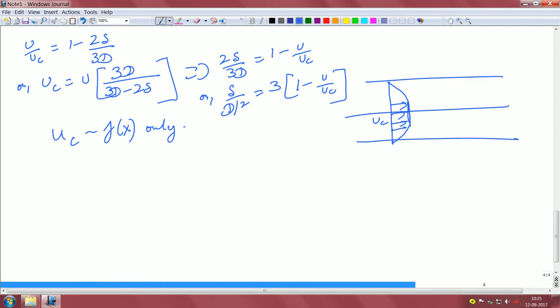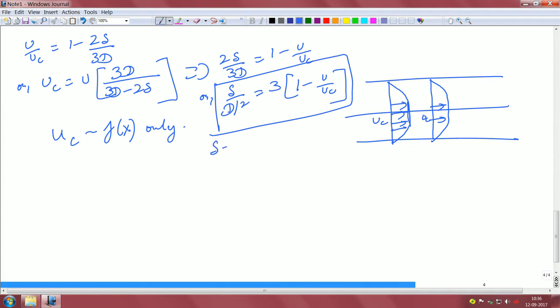That is not a function of y, but if you go to a different section, the boundary layer will be different, and there won't be a sharp kink like that. So, there will be this uc and that uc is different. So, uc is a function of x, but it is not a function of y. So, this is what you get as your uc, and this is fairly easy. So, you know that delta by d by 2 is basically 1 minus u by uc.